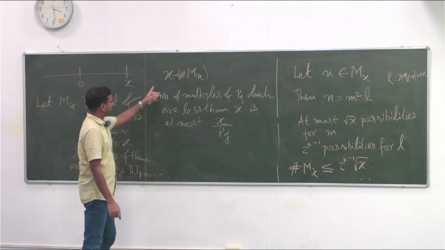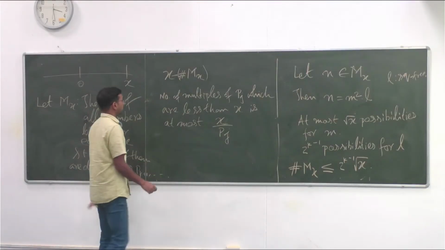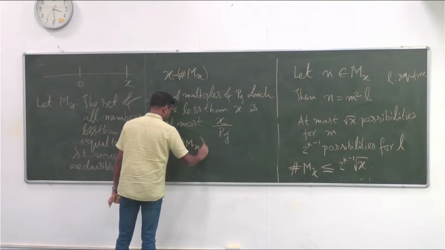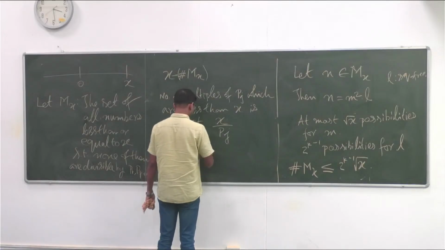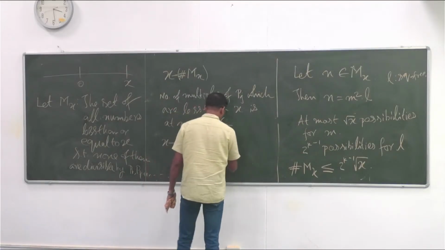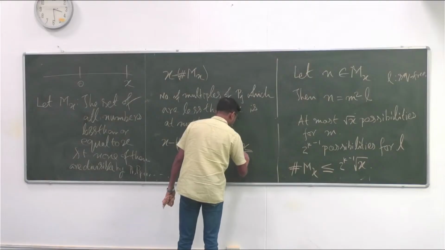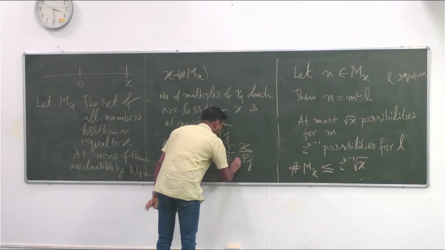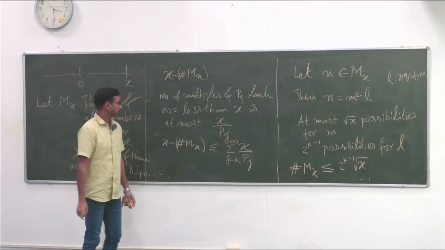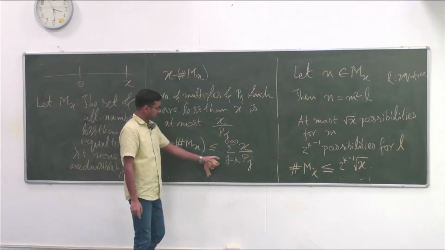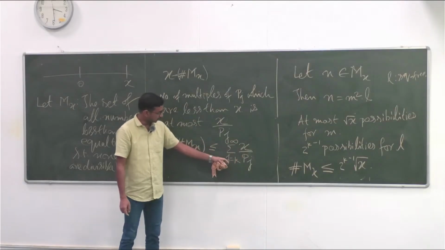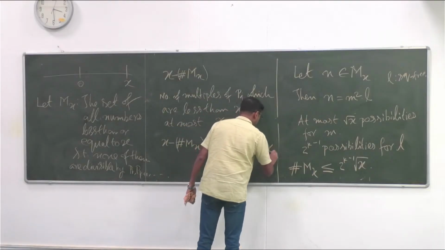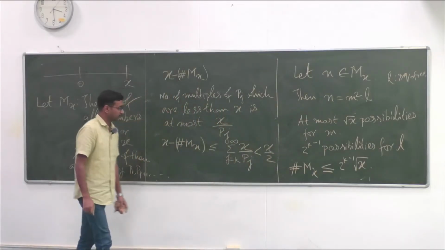So this set has cardinality less than or equal to the summation of x by pj, where j is running from k to infinity. And this sum of 1 by pj, j running from k to infinity, was bounded by half. So this is less than x by 2, right?